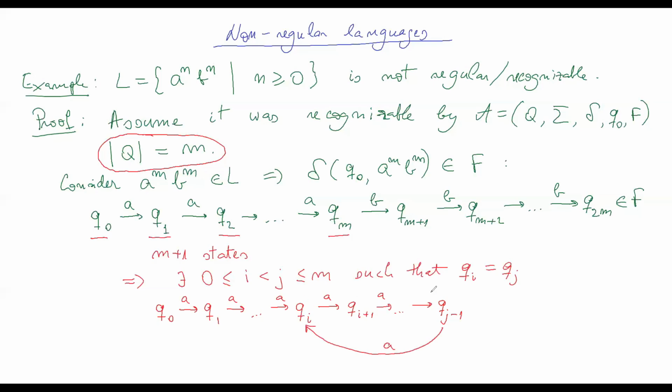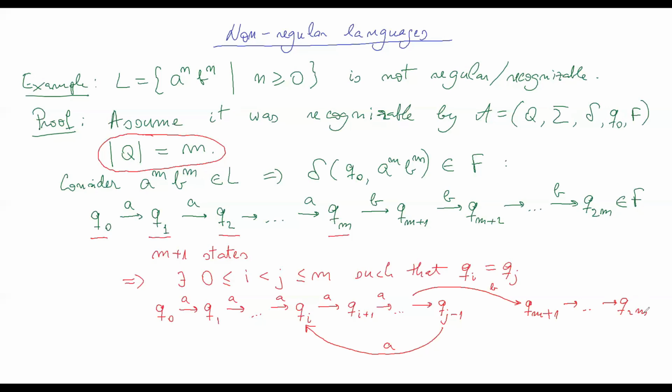As you cycle through, you get to this Qm, which is one of the states here. Then the computation continues to Qm plus 1 and the rest of these, going to Q2m.